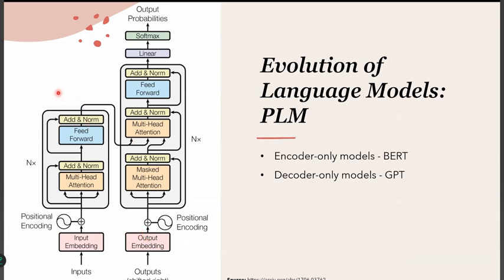In this case, we will be having only the encoder section of the model. Those models are called encoder-only models. Well-known examples are BERT, RoBERTa, XLNet and so on. The other case is decoder-only models. Encoder-only models are mainly intended for natural language understanding tasks like classification and regression.